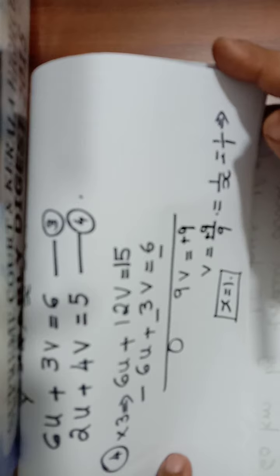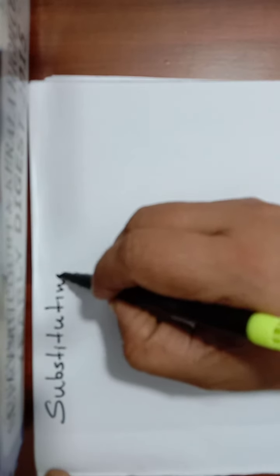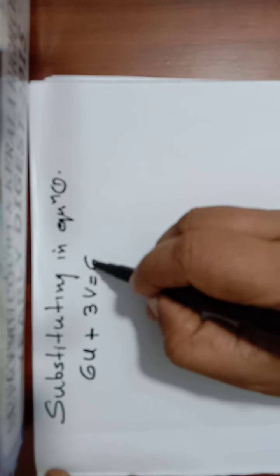Let us find out what y is equal to. Substituting in the first equation we will get y. Substituting in equation 1 we get 6u plus 3v is equal to 6.